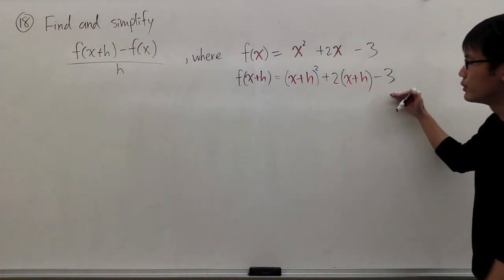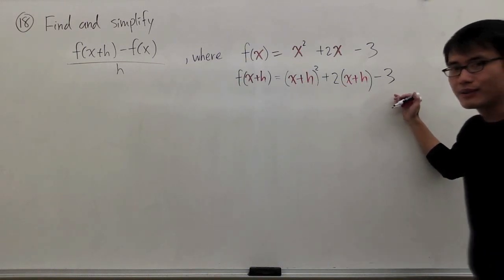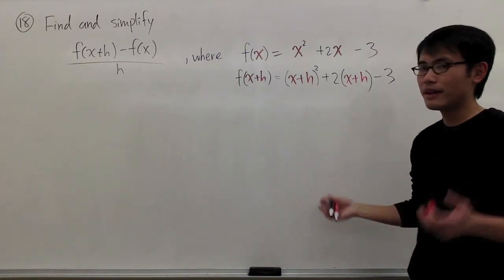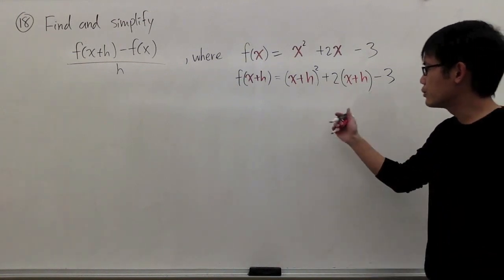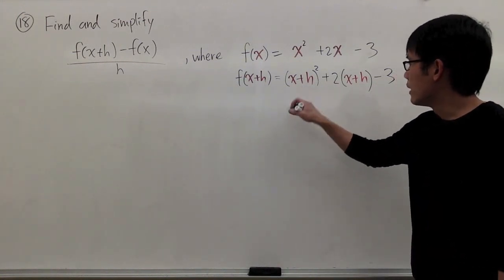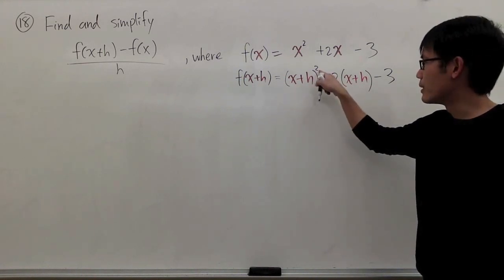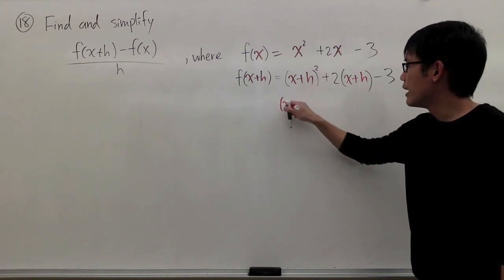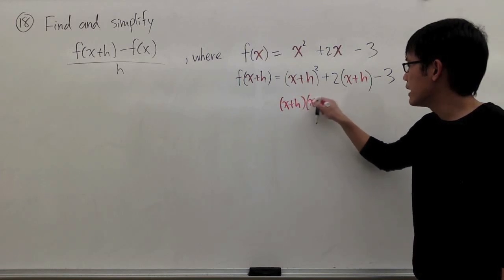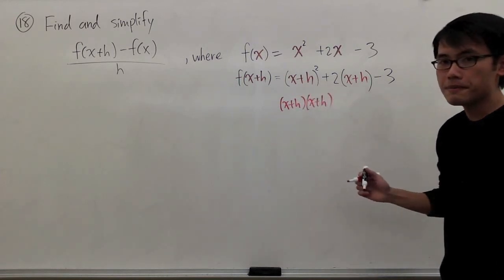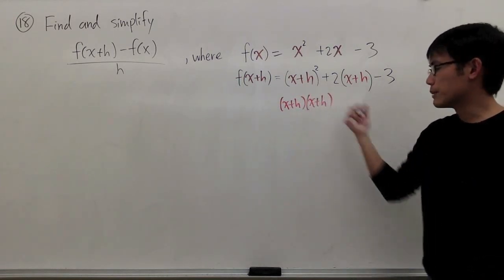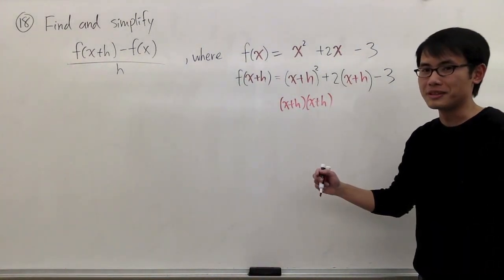So this is pretty much the setup, and we also have to multiply it out, simplify it, combine terms. So let's do that. First of all, notice that here we have x plus h to the second power, which means we have to do x plus h times x plus h. You can use a formula to multiply this out, but I will show you how to do it.